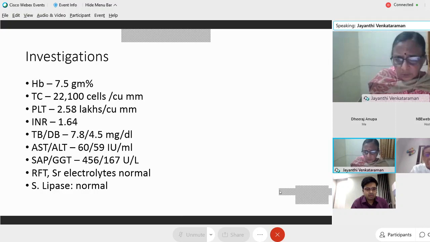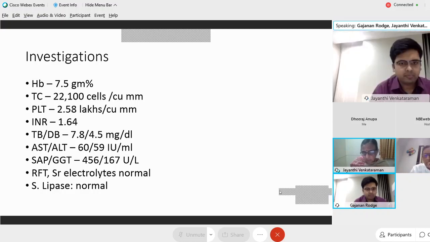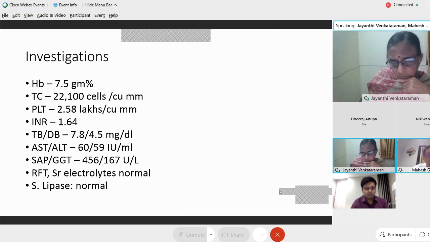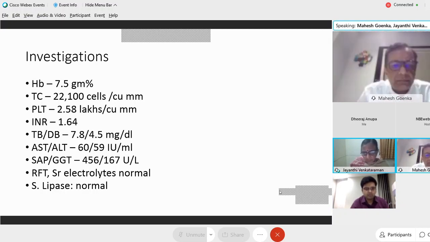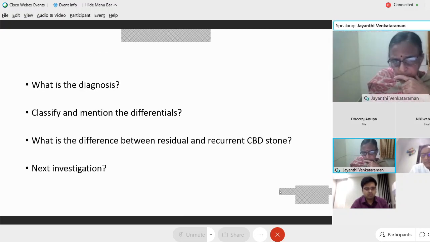Both are possible, no? Because it's almost a 4-fold elevation. And between ampullary carcinoma and carcinoma head of pancreas, cholangitis is more common with ampullary. And enzymes are low, no? So enzymes would always be high in extrahepatic biliary obstruction.